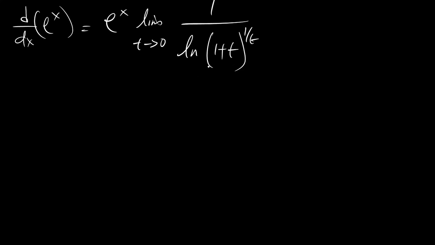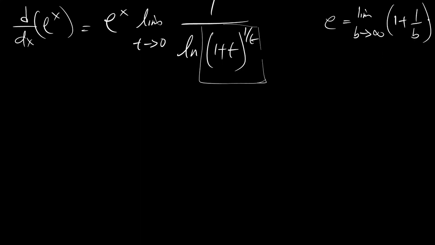Now, if you look at this expression here, this small part looks like the definition of e, which is the limit when b tends to infinity of 1 plus 1 all over b, raised to the power b.